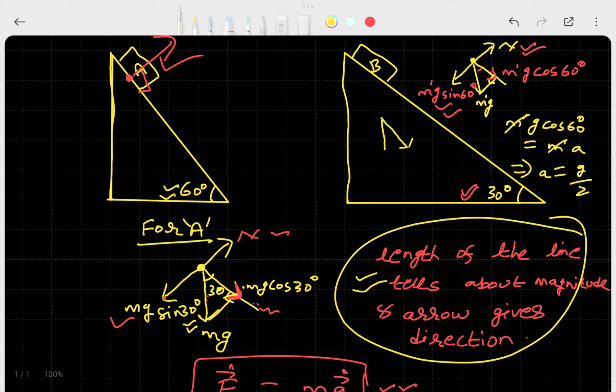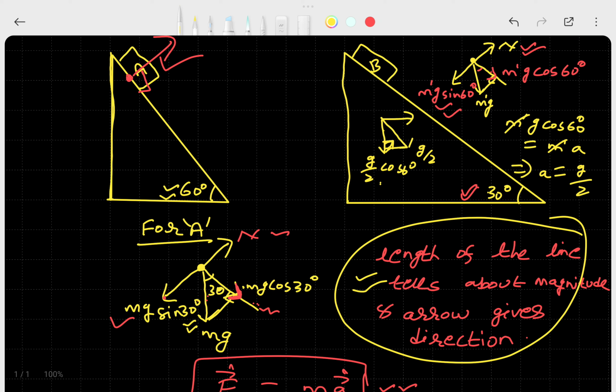Now let me resolve this again into two components. So clearly this is 60 degree, and this value is g by 2. If you draw projection here, this is 60, so it will be g by 2 cos 60.